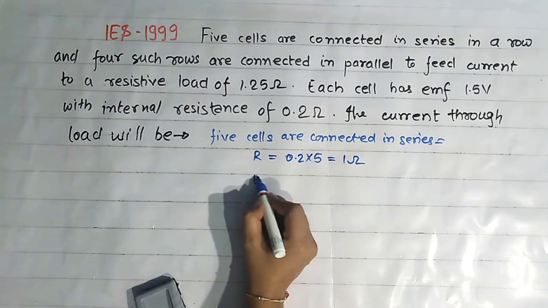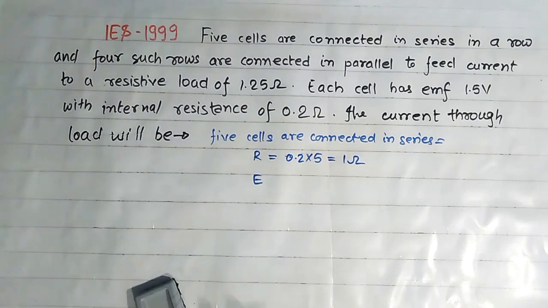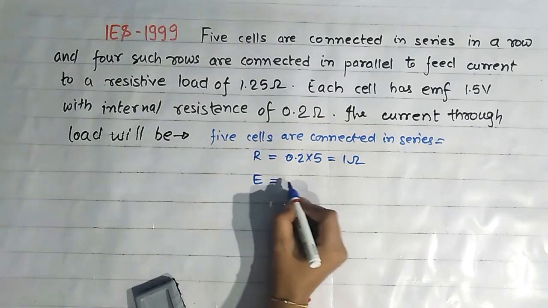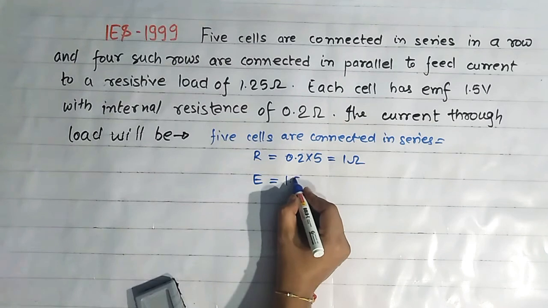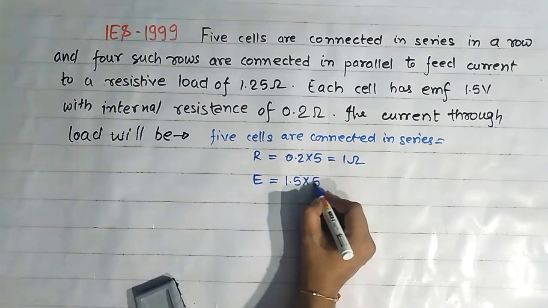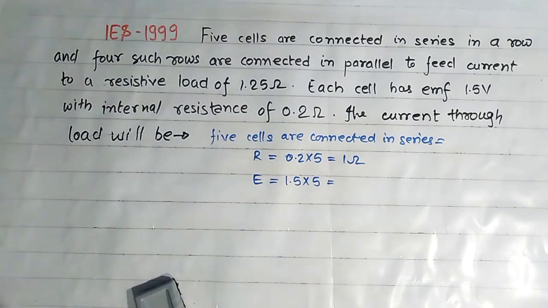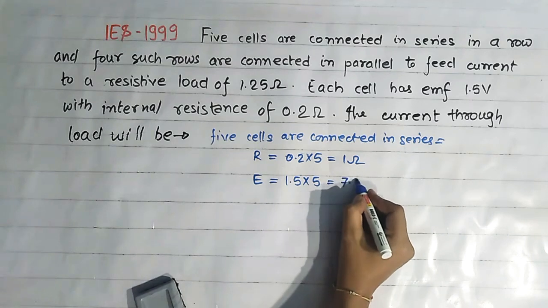Now when cells are connected in series, the total EMF is the EMF of each cell, 1.5 volt, into 5, that is equal to 7.5 volt.